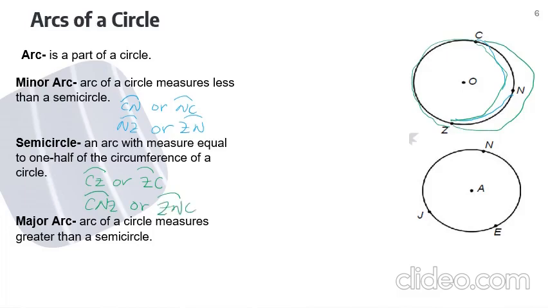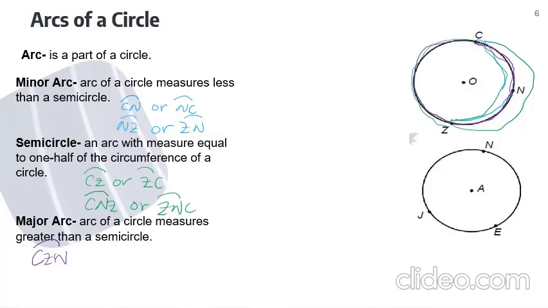What are the major arcs in the given circle? Major arc is greater than the measure of a semicircle. So if we're going to cover this one, i-cover natin to, ang matitira ay ito. So that is arc CZN.